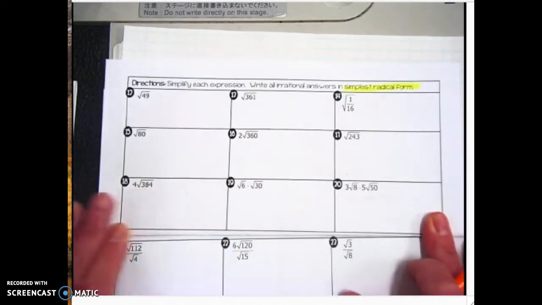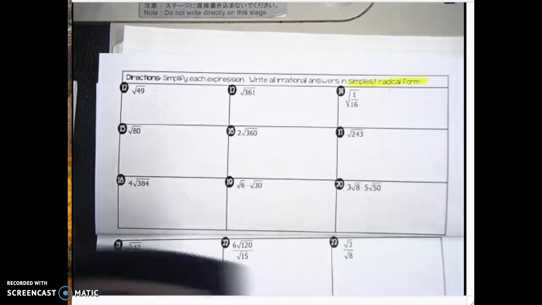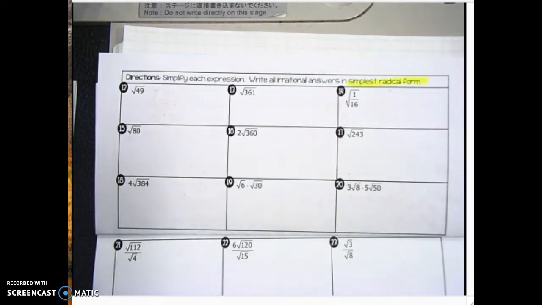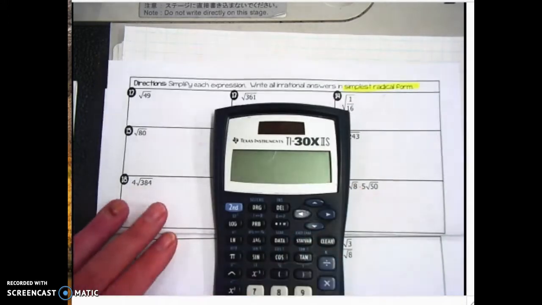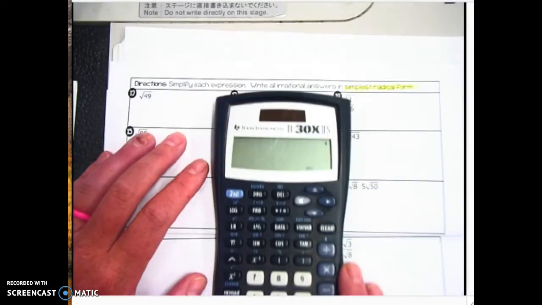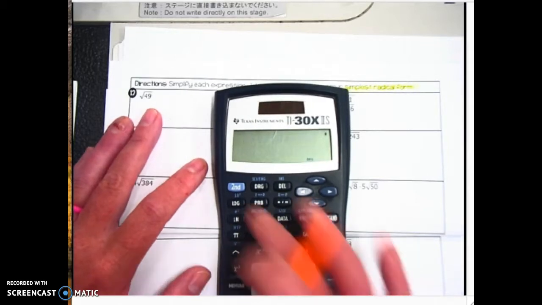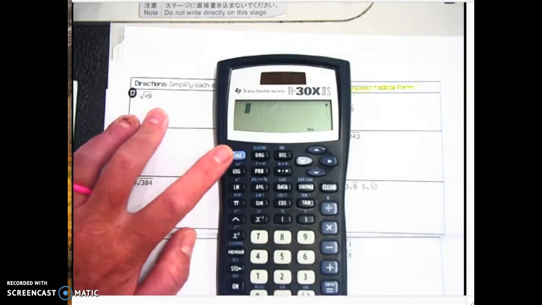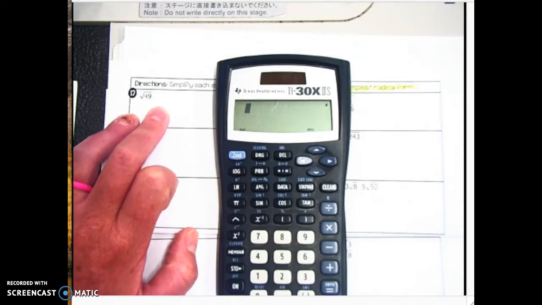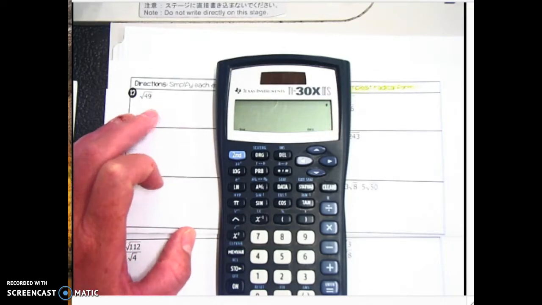Okay? So the easiest way to do it is to check on your calculator and see if it's a perfect square. So for box number 1, we're going to take the square root of 49. And so on these calculators, you're going to use the button that says second. Some calculators, it's shift. Some calculators, it's a little arrow that points up.